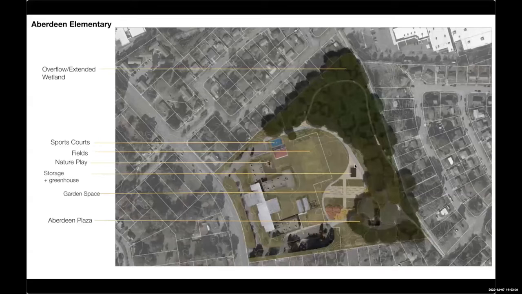This is the agricultural community garden space, so greenhouse and storage, garden space, the orchard space right here, the pollinator garden right here, as well as the Aberdeen Plaza area right here, which is really flexible space for community gathering, including a pavilion, as well as a test kitchen.